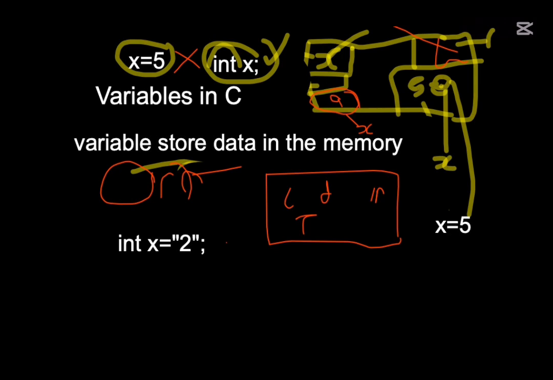It can store minus, plus, full stop, semicolon, so it depends. Once you put it inside double quotation, then C is going to think that this 2 is not a number, it's a symbol, so it's not going to treat it like a number. Then it's going to throw an error that you're trying to store character inside integer, because it's not seeing this as an integer anymore, because anything inside double quotation is character or symbols.